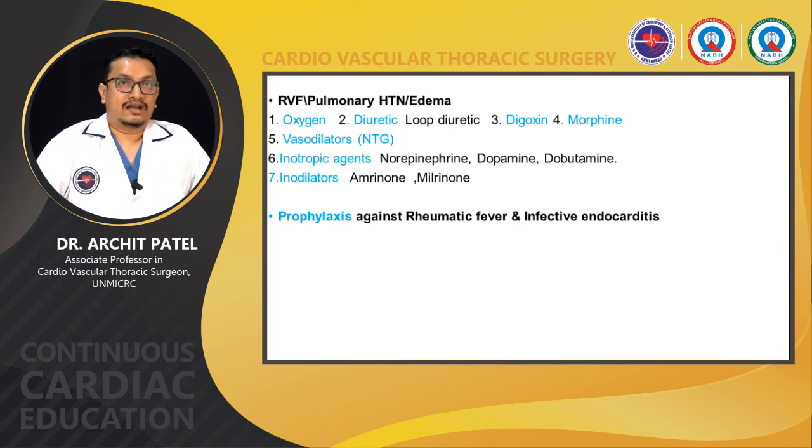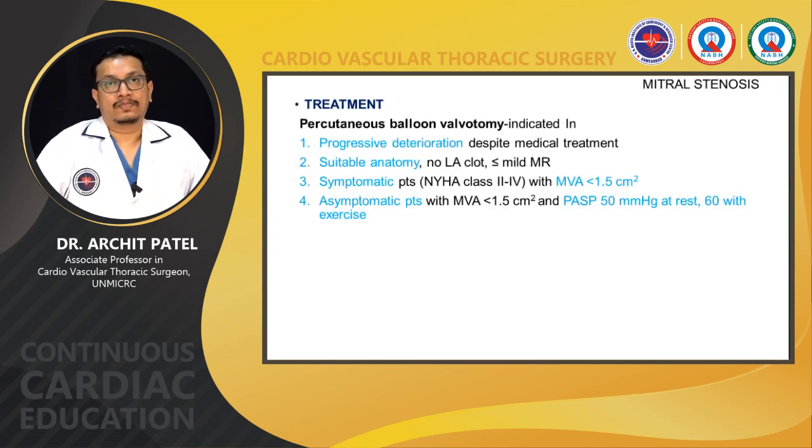If the patient is in right ventricular failure, pulmonary hypertension and edema, then oxygen, loop diuretic therapy, digoxin, morphine, vasodilators, inotropic agents, and prophylaxis against rheumatic fever and infective endocarditis.